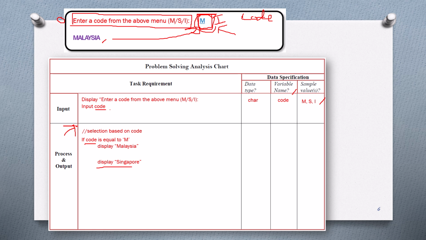If code is equal to M, then you want to display Malaysia. Else if code is equal to S, you want to display Singapore. Else if code is I, you want to display Indonesia. Otherwise, if none of the input matches the previous values, then you want to display invalid code entered. As simple as that.